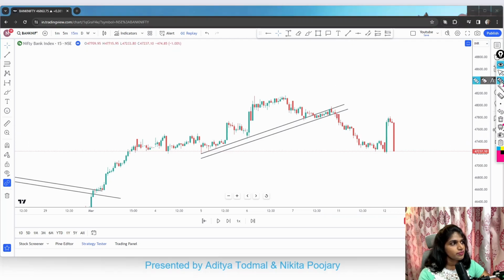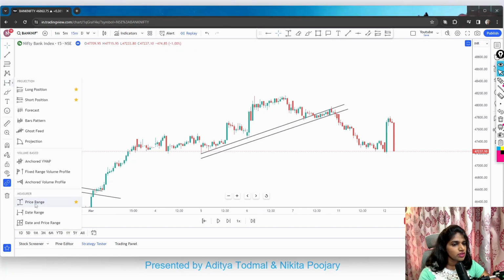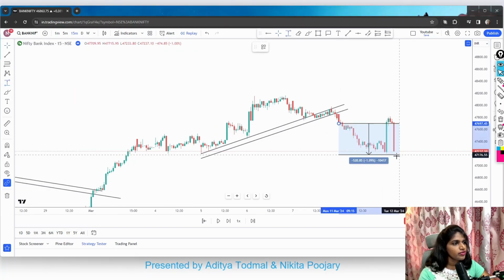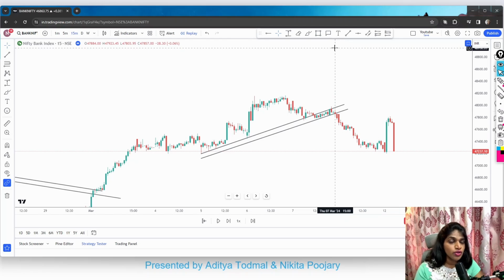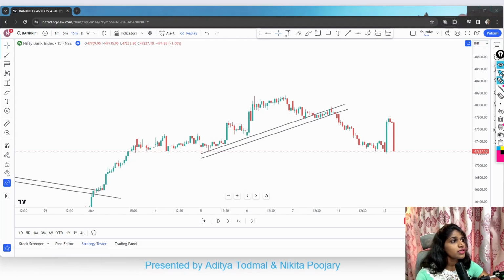It actually made this entire down move. In points, if you want to check, we'll do that as well. Okay, price range. After this breakdown, we actually got a 470 point down move. This particular trend line could be that powerful. And if you are not using trend lines and you add them to your trading system, it could be a game changer. Now let's move ahead.